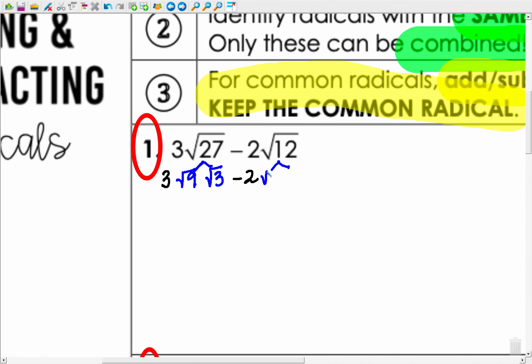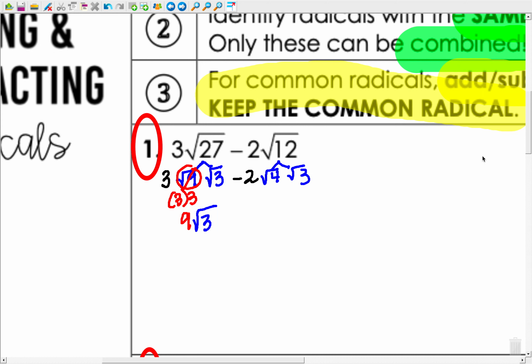It splits apart to be the square root of 4 times the square root of 3. From here, I come over and take the square root of 9. It becomes 3. But there was already a 3 here. So the 3 times the 3 gives me 9. Bring down the radical, and you're done with that.